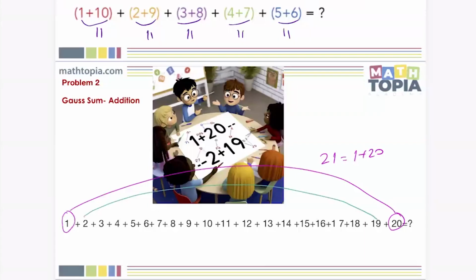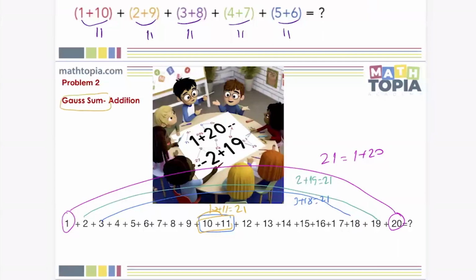Like you could do 1 plus 20, 21, 2 plus 19, 21. 3 plus 18 and so on. And what's the final one? 10 plus 11, 21. That's great. Rainbow method, what we also call Gauss sum.